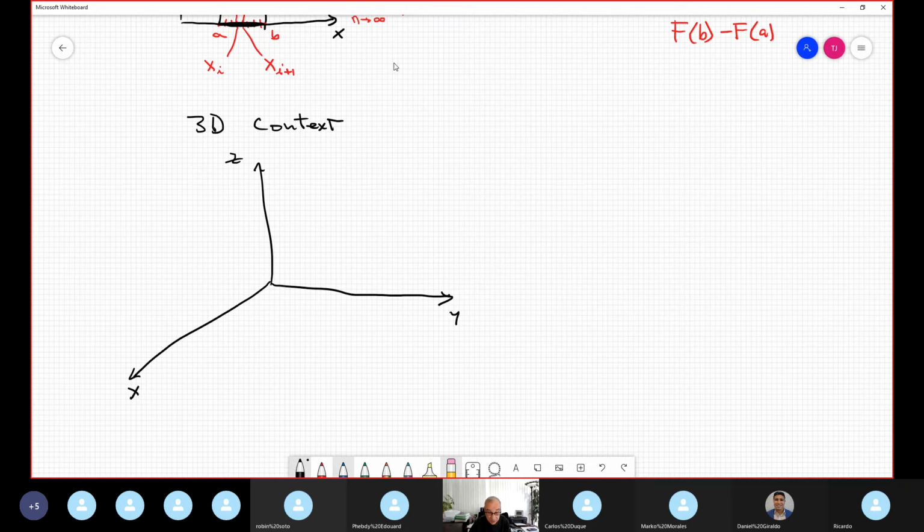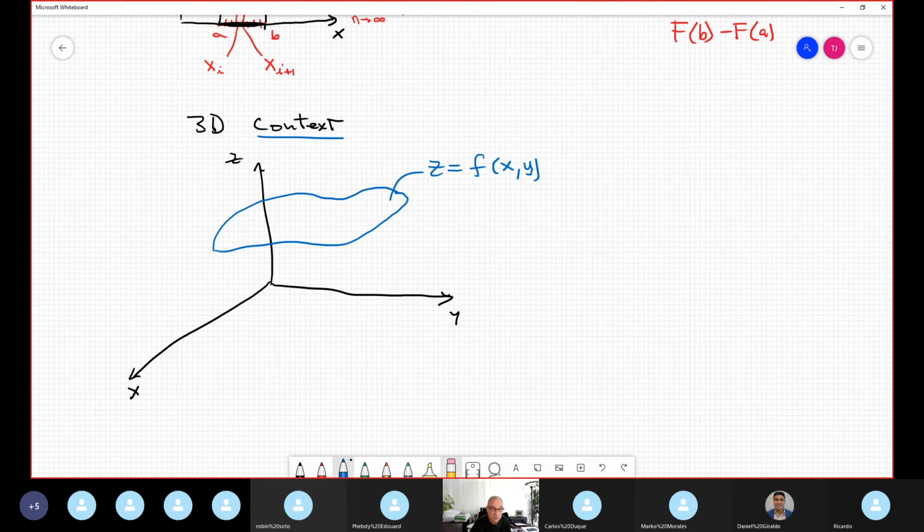Suppose that we have a surface, the surface that you never memorize. This is Z equals F of X comma Y. This is a 3-dimensional context. However, I make a partition, suppose in the XY plane, or the XZ plane, or the YZ plane, but to make it easy, I want to do the partition in the XY plane, not necessarily.